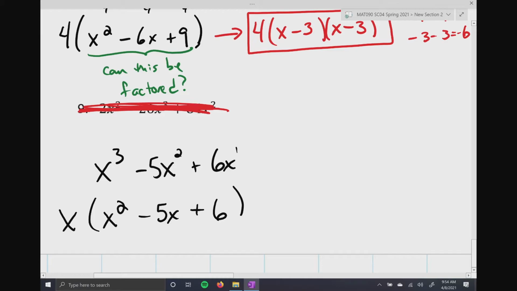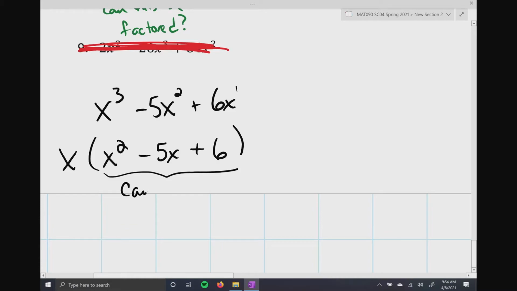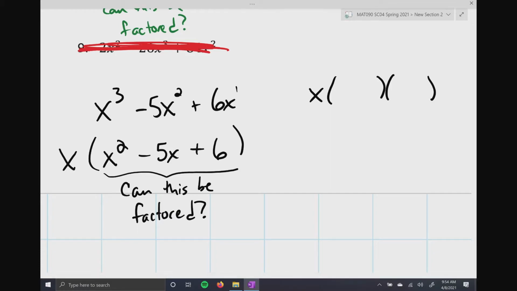So now the question becomes, can this be factored? And the only way to know is to try it. The x out front is going to come along for the ride. So I have a trinomial inside the parentheses. There's a 1 in front of it, so I write x and x. Step 1 is done.